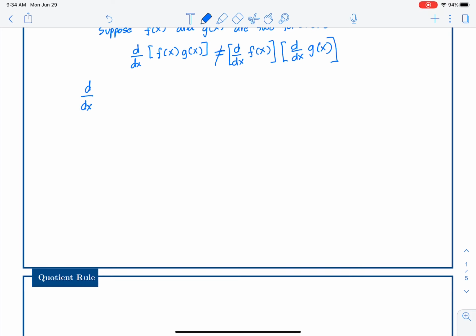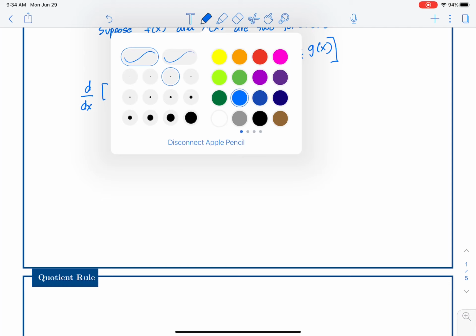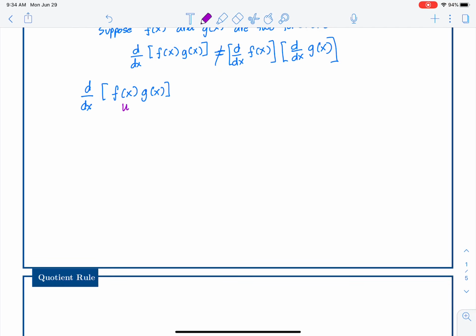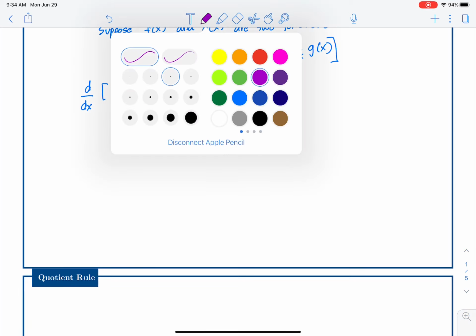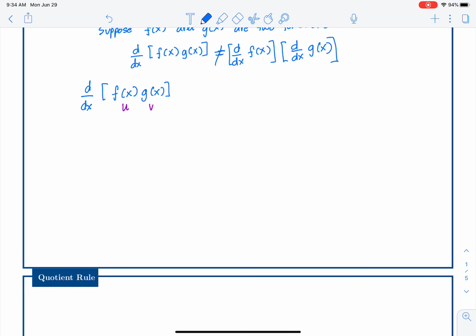And I like to use a simpler notation. So I'm going to call the first function u and the second function v. The derivative of the product of two functions is simply u times the derivative of v plus v times the derivative of u.